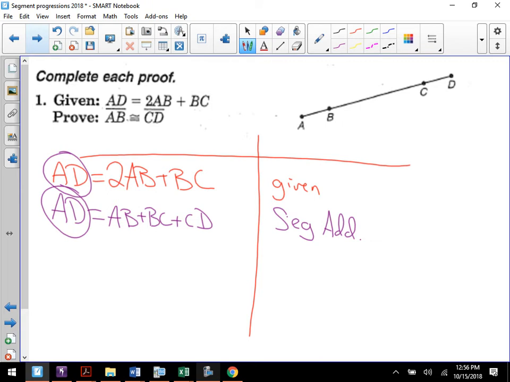Two things that equal the same thing are equal to each other. Both of those two segments add up to equal AD. That means those two segments have to equal each other.